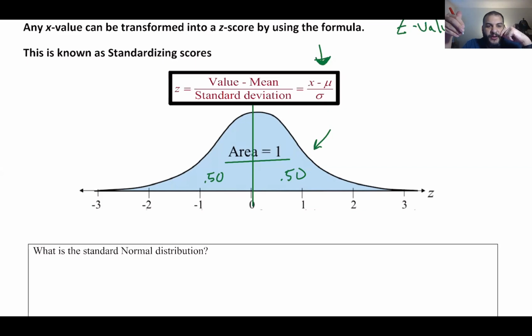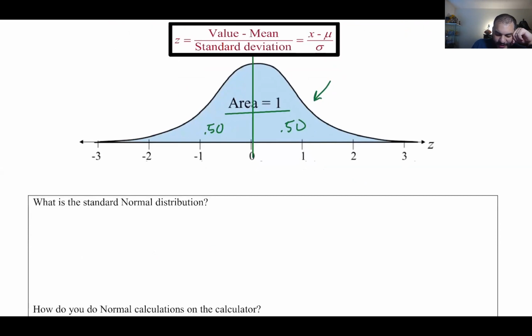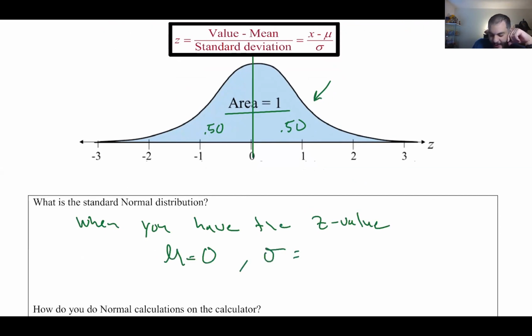All right. If you look right there in the question, it says, what is the standard normal distribution? Pretty much it means when you have the z-value, the mean is automatically equal to 0 and the standard deviation is equal to 1.